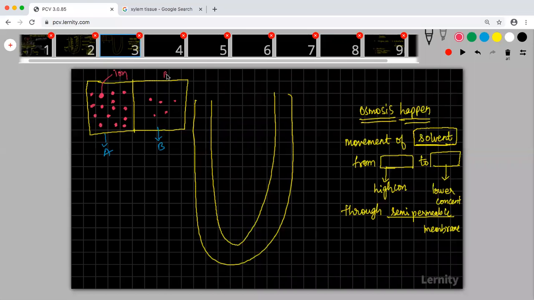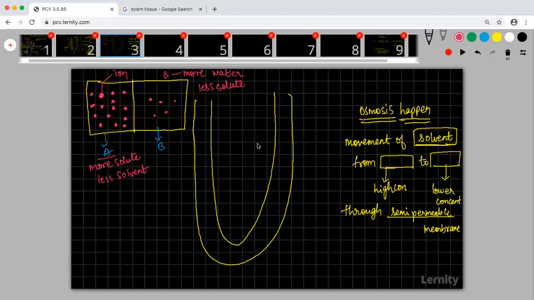Naturally, B will have more water and less solute. What about A? A is having more solute and less solvent. So now where will the water move? From which side to which side?